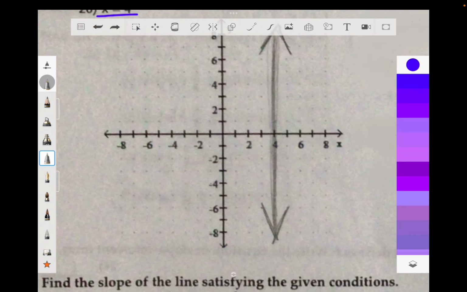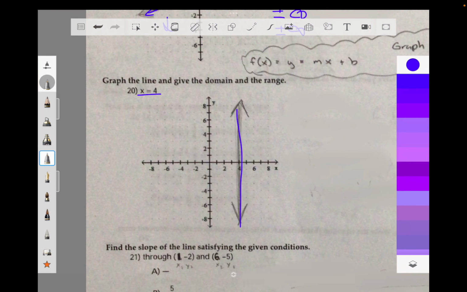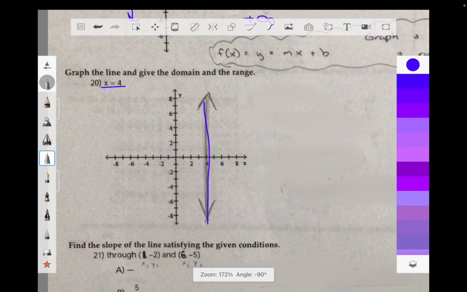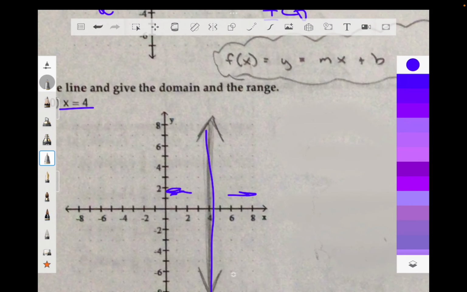This one's x equals 4. You already did that. Crap. Draw a straight line through 4, and the domain, it doesn't go anywhere right or left, so the domain is stuck at 4. So you could just put d equals 4, I guess.